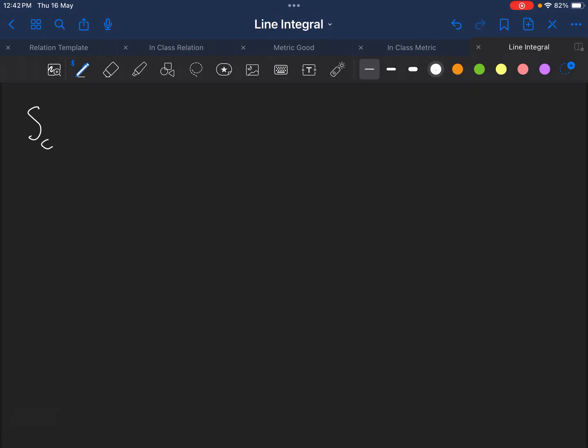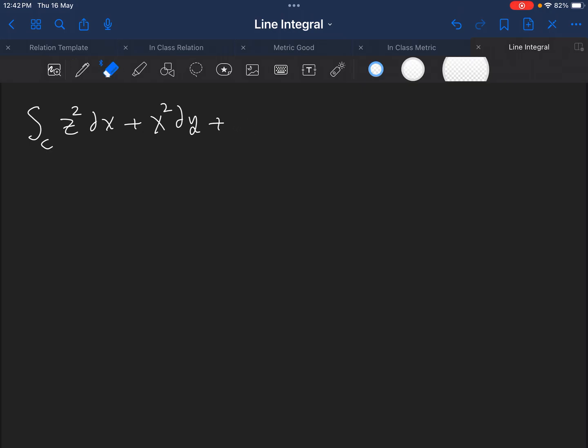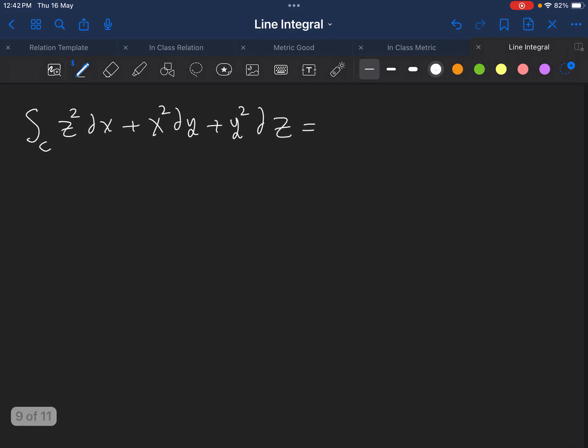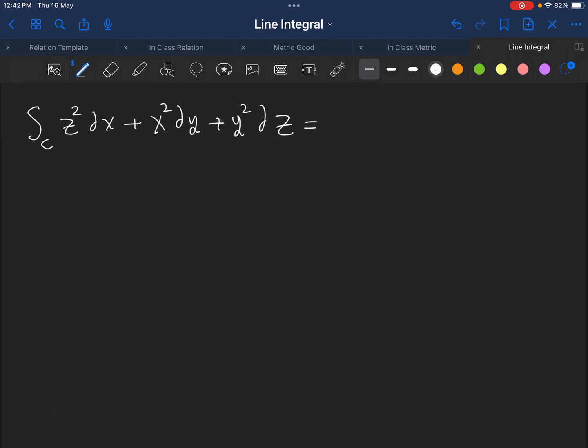So the integral in the question was z squared dx plus x squared dy plus y squared dz. Just let me check that's exactly what it is. Now how will we evaluate it? Again, I will just replace, with t from 0 to 1.